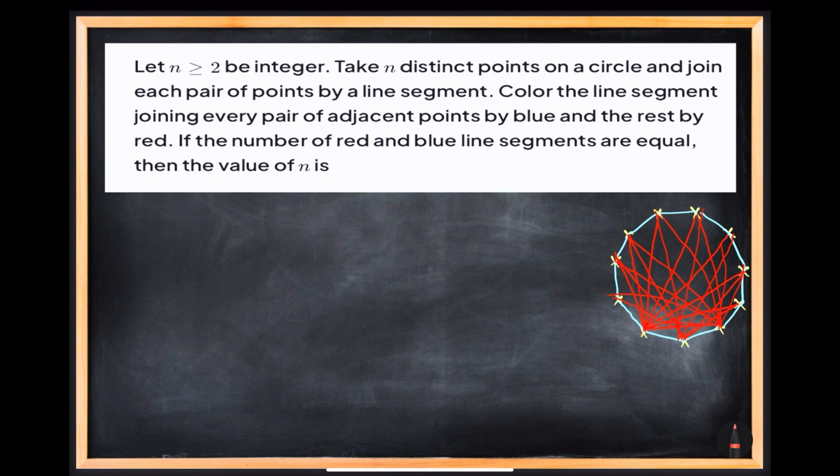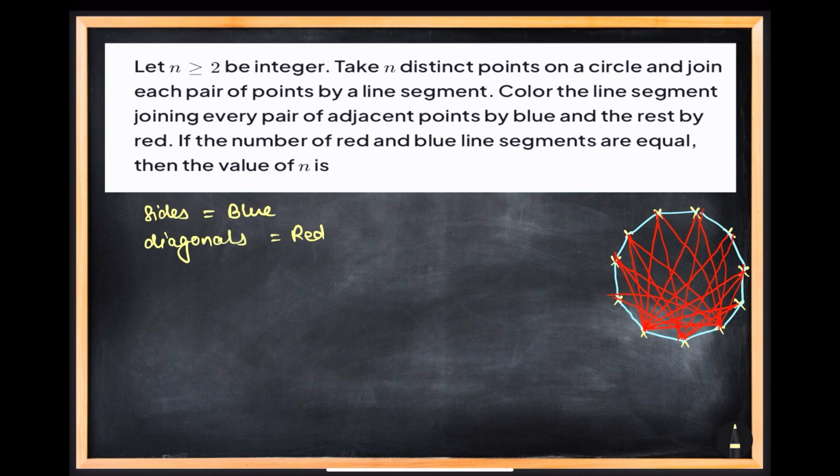Okay, so the idea is, what I feel is, sides are blue, diagonals are red, right? Now if the number of red and blue lines are equal, then find the value of n.